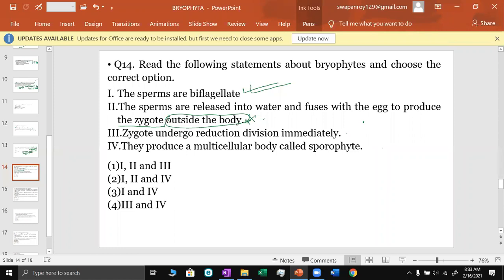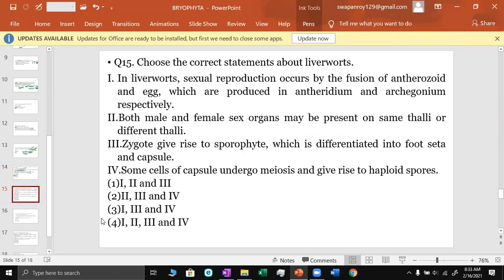It remains attached to the archegonium, and the archegonium is attached to the mother plant, so not outside the body of the plant. Zygote undergoes reduction division is also wrong. They produce a multicellular body called sporophyte is correct. So 1 and 4 are correct, and our answer is option 3.